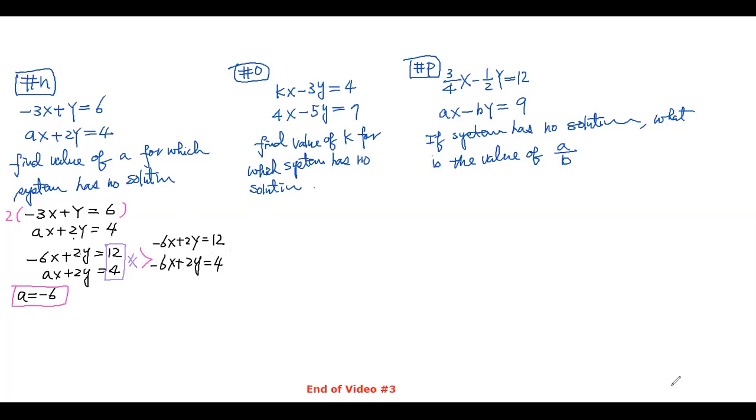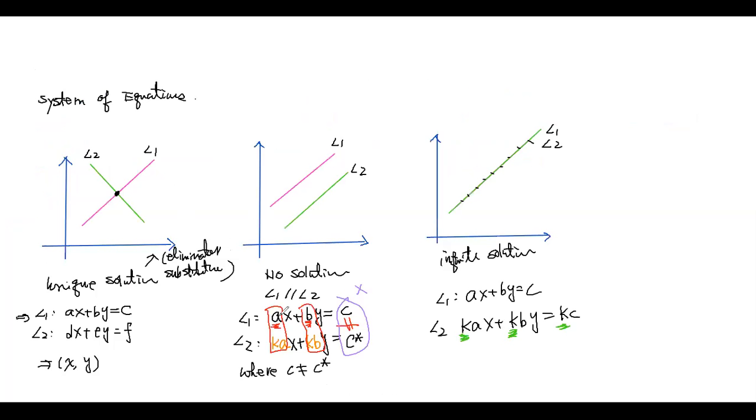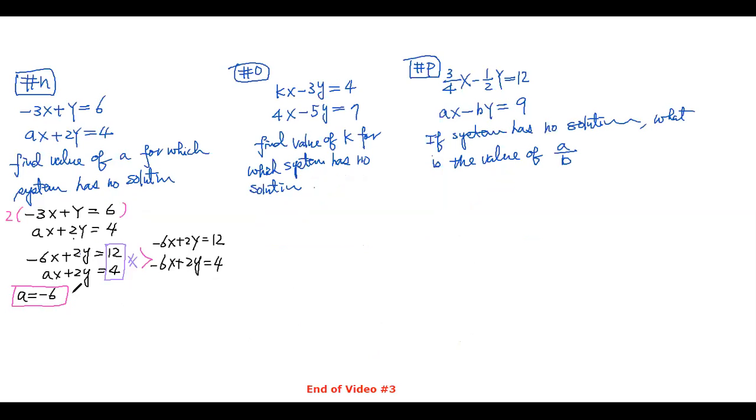So if you go back to here, these two, you know, they are proportional. But the constants are not a proportion. So I know that has no solutions, right? So A equal to negative 6.